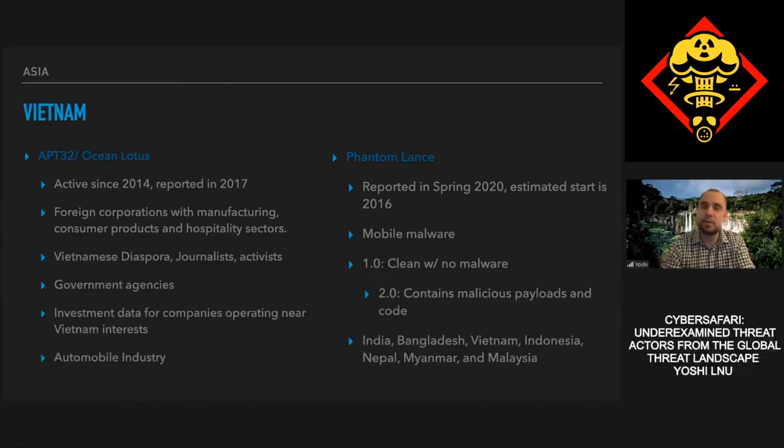But then subsequent updates are when they end up containing malicious payloads in code. Some of their targets include India, Bangladesh, Vietnam, Indonesia, Nepal, Myanmar, and Malaysia. Again, just an interesting mobile malware campaign. There are some overlaps as far as infrastructure goes with APT-32 and Ocean Lotus, but not enough to conclusively tie them together.